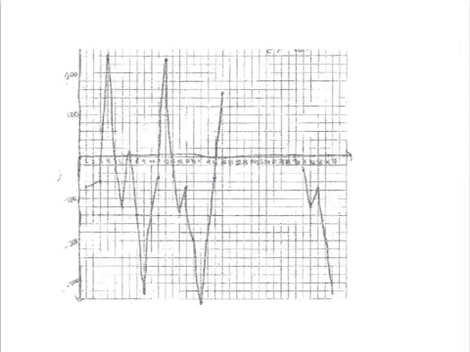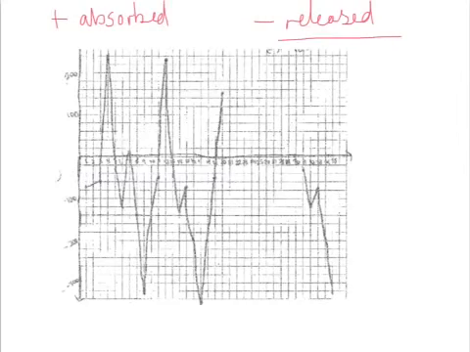Well, there's not negative energy, but when it comes to energy, energy is either released or absorbed. And so in order to know whether it's released or absorbed, we give it a sign. If the value for energy is positive, that means energy is being absorbed. If the value is negative, that means energy is being released. Remember that electron affinity is the energy released when an electron is gained.